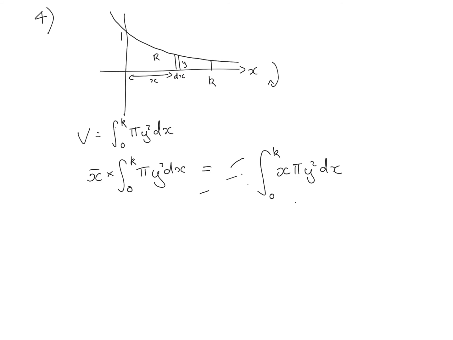And we times it by a density factor that goes out in both of them, so we're not going to worry about that. So x bar, and the pi's go, so we don't need to worry about that.